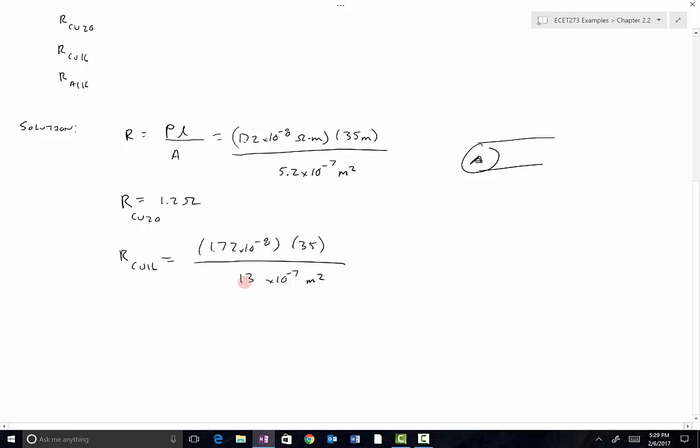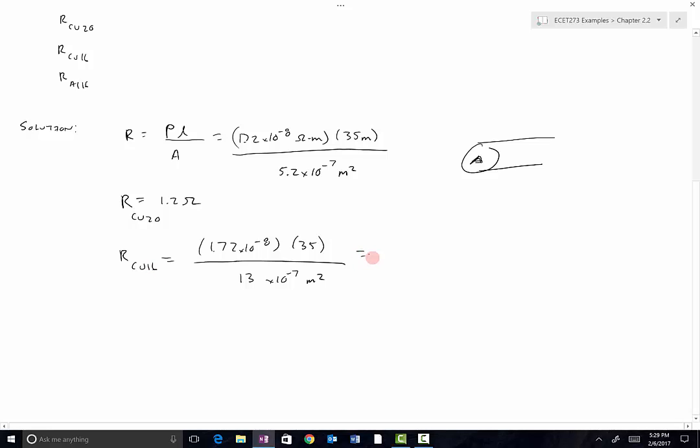And here we have a gauge of 16, and it's 13 times 10 to the minus 7th. So the smaller the gauge of wire, the bigger the cross-sectional area. So smaller gauged wires are larger wires. 20 gauge wire is a smaller wire diameter-wise than 16 gauge.